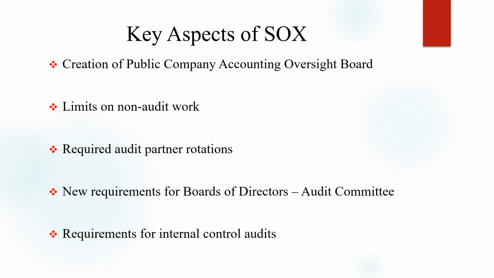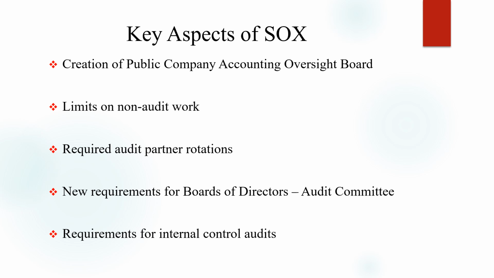There are some required audit partner rotations in there, once again meant to bolster auditor independence. There are also some requirements about corporate governance in terms of the audit committee and the makeup of the board of governors and the relationship between auditors and the audit committee, where management no longer hires or fires auditors, but instead that is done through an independent committee and the board of directors. And of course, the Section 404 requirements to assure proper internal controls.